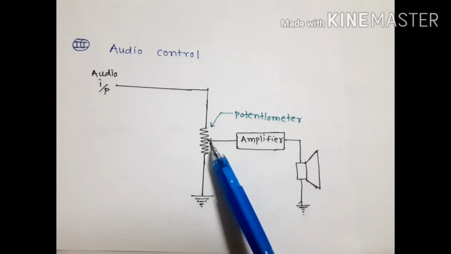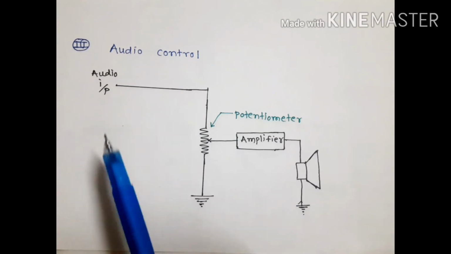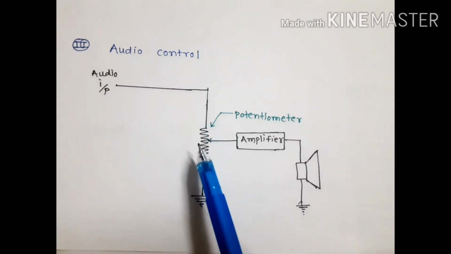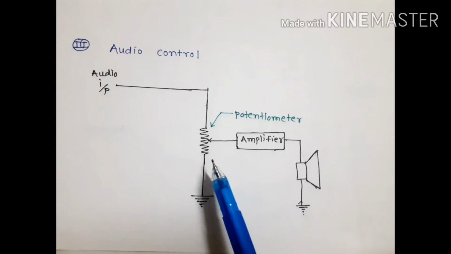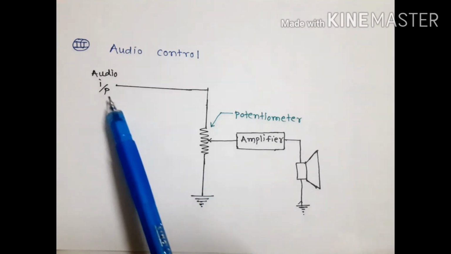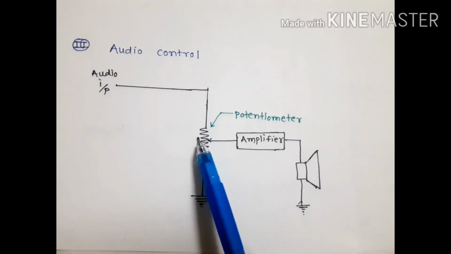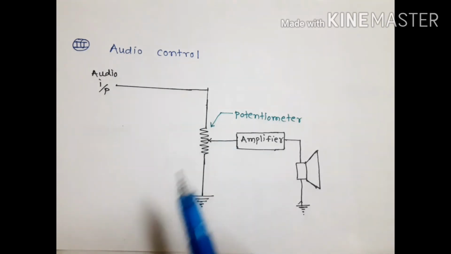Whenever we slide the slider on the potentiometer, the audio input indirectly gets controlled, and with this we are able to control some characteristics of audio signals, like loudness.